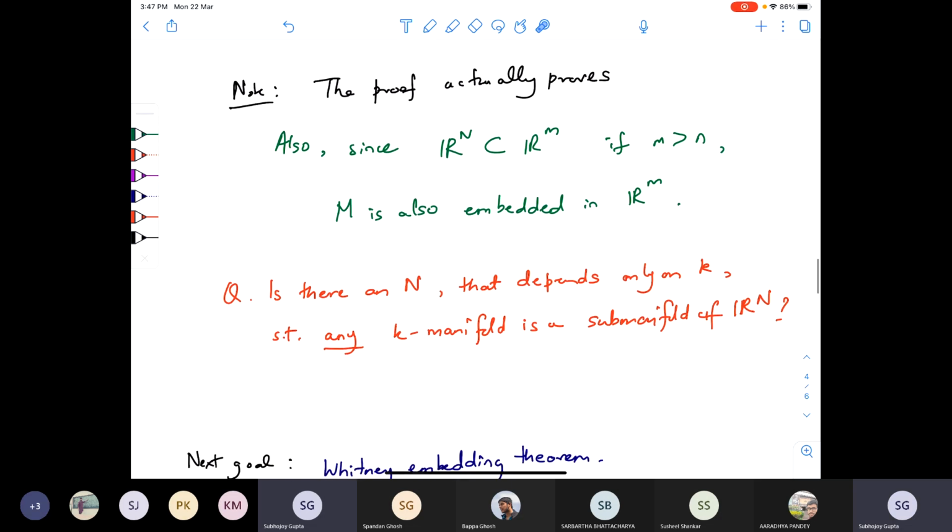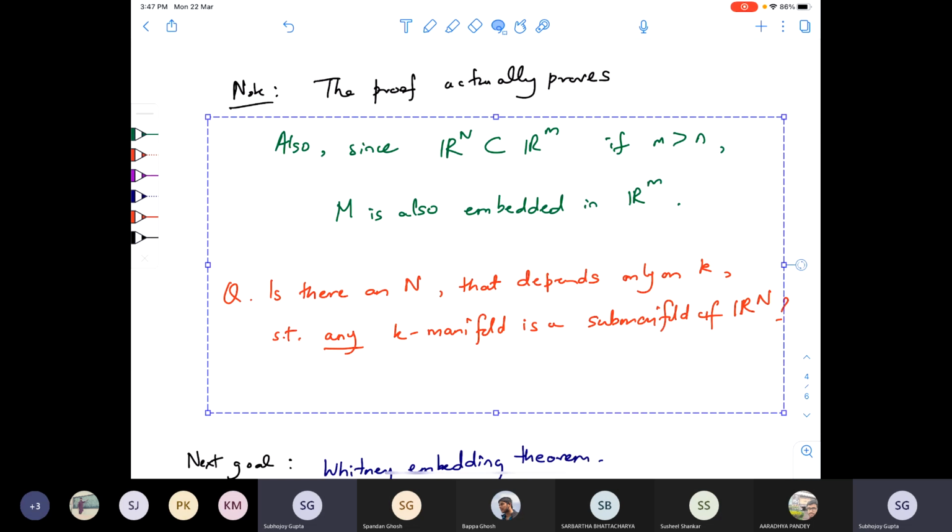So you can ask whether you can make this better, right? You can improve this result. Maybe you don't need so much dimension to begin with.